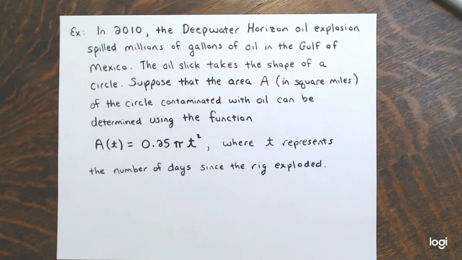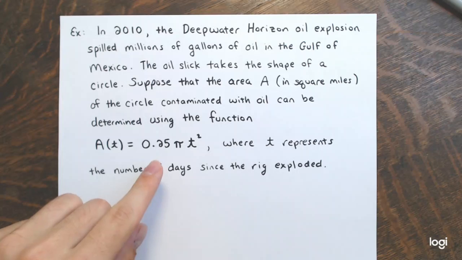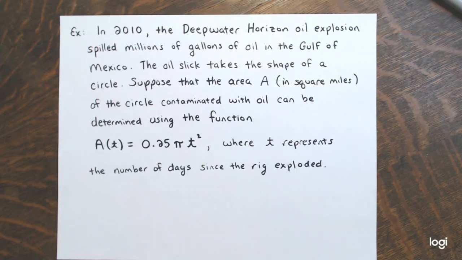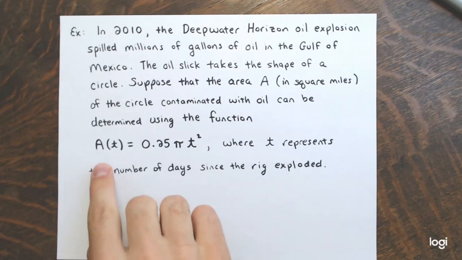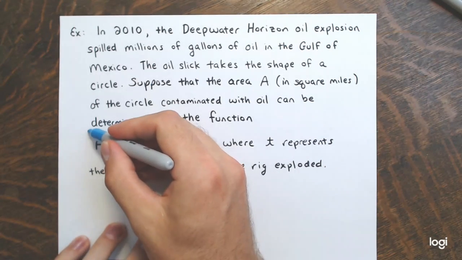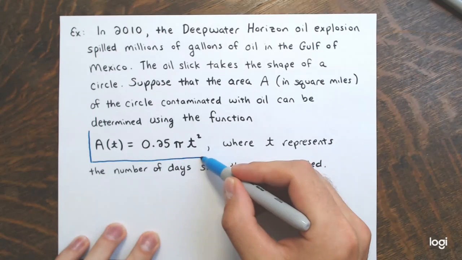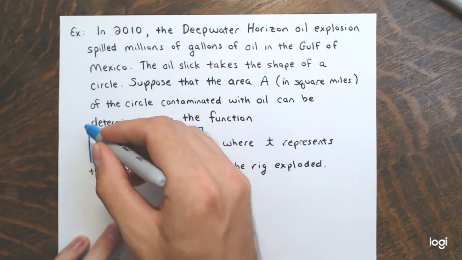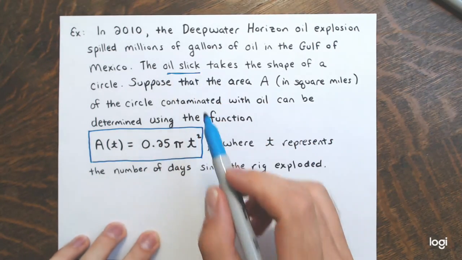So we've got a word problem here, a little real-world application. This is a particularly nice one. In future videos we'll see word problems where we'll have to write our own function describing the situation. Here I'm just showing you a nice one where a function is given to us, describing the growth of this oil slick.